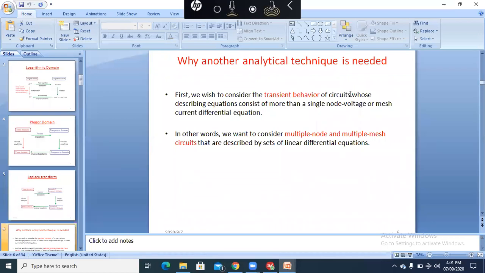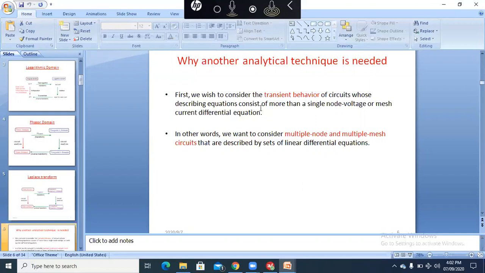The transient behavior of the circuit is for a short duration, and for this short duration, the circuit behaves differently. It is just the initial behavior of the circuit.